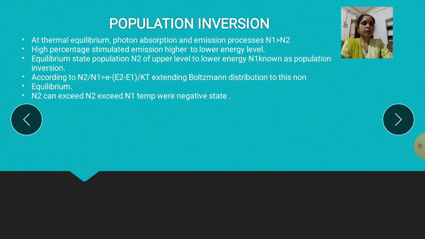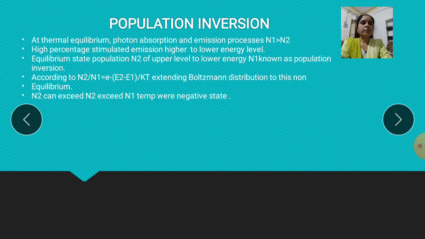According to this, in the equilibrium state N2 by N1 is equal to the exponential of E2 minus E1 by KT.